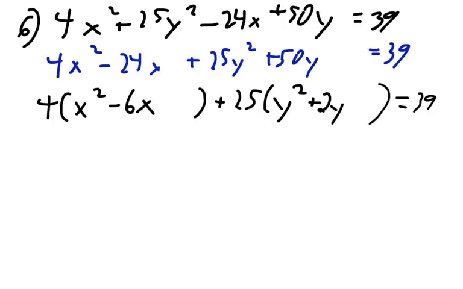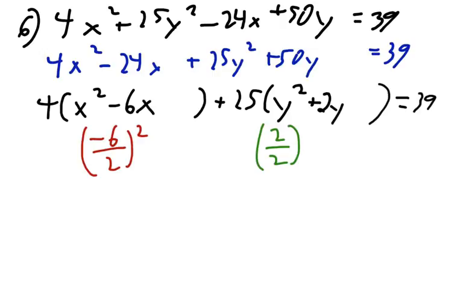Take the middle number, divide it by 2, and square it. So for the first one we got 9. For the second one we got 1.